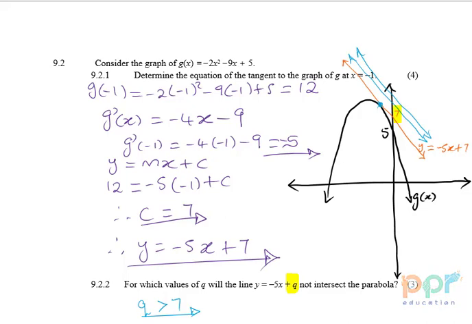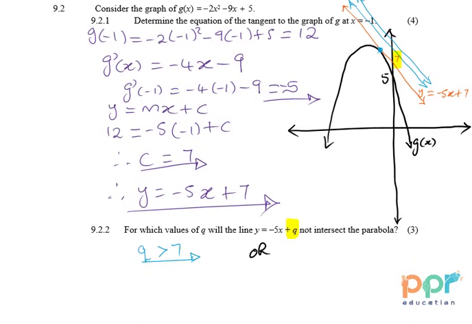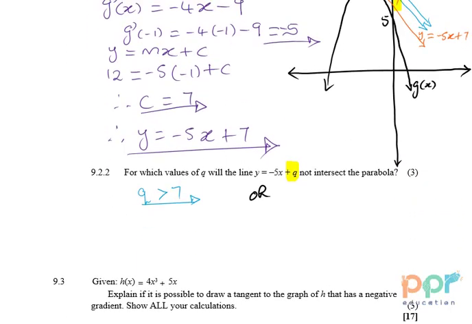Or someone will say, no, I want to calculate, because they talk about intersection. Or you can equate the two graphs by saying minus 5x plus q is equal to minus 2x squared minus 9x plus 5.